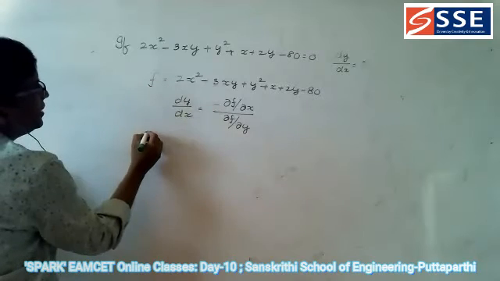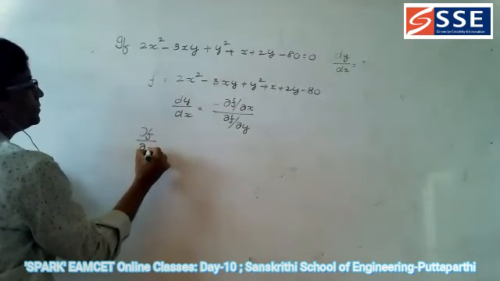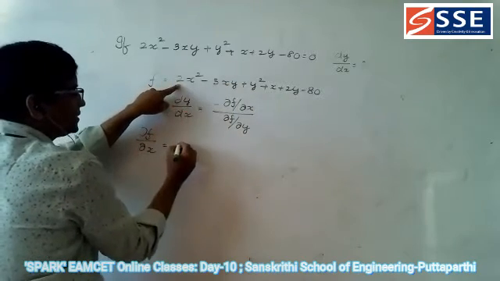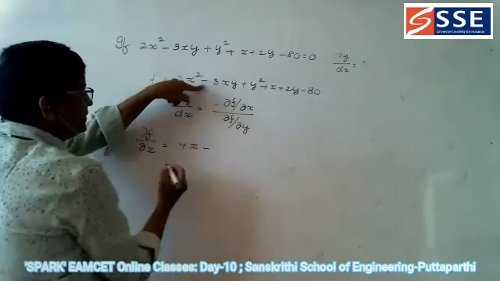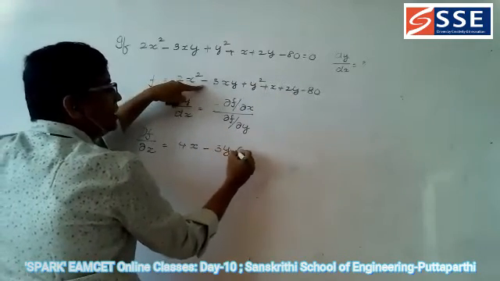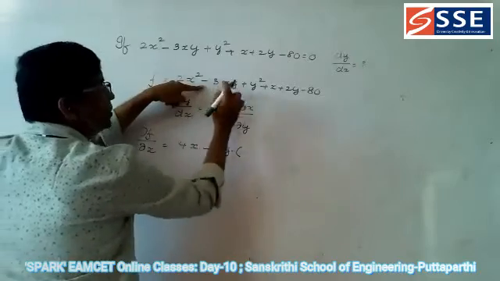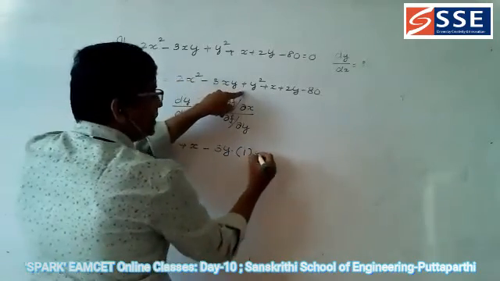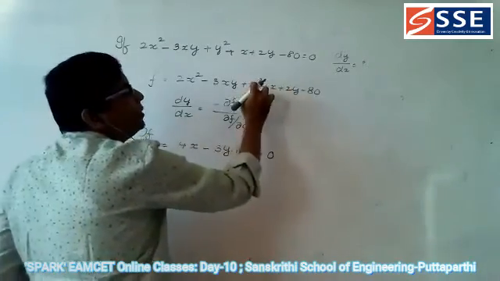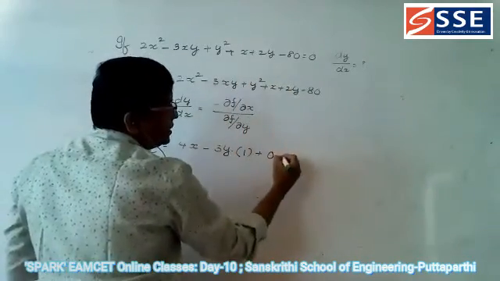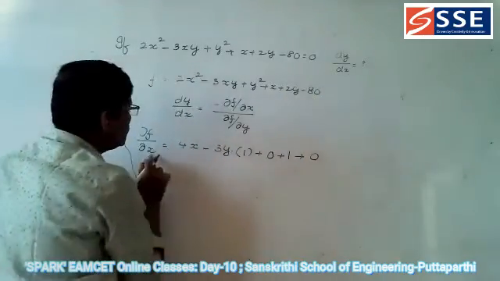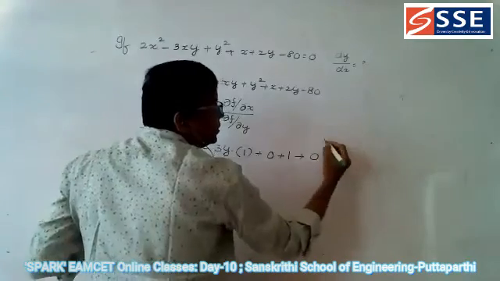So differentiate the given function with respect to x first. Differentiate just the x terms, what does it become? 2 2s are 4x, minus 3y into differentiation of x with respect to x, which is 1, since with respect to x 3y is constant. Plus 0, since only y square is there and y is constant.